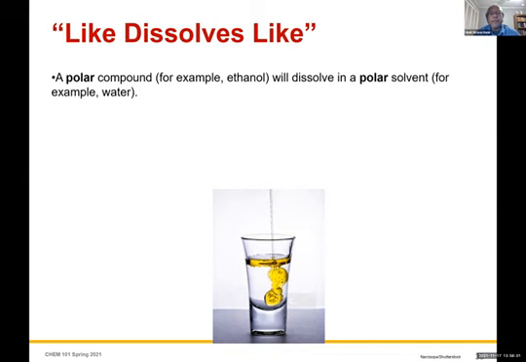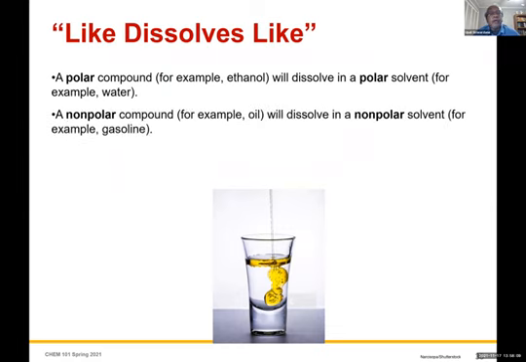A polar compound, for example ethanol, which has an OH group, will dissolve in a polar solvent, for example water. Non-polar compounds are oil, gasoline, etc. Vegetable oils are organic compounds, dissolved by a non-polar solvent, for example gasoline. Gasoline will dissolve oil, but not water.